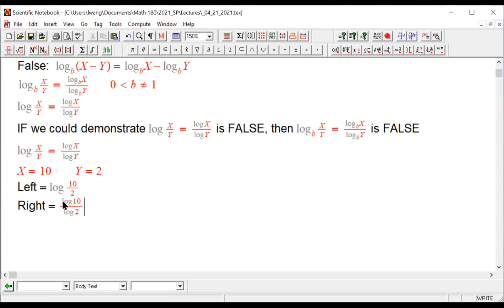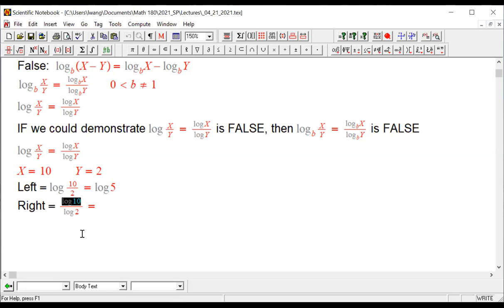On the right-hand side, you have to do the two logarithms first separately, and then apply the property. Of course here you're going to have log 5. But you still have to make the case. You need to use a calculator to show that this is not the same as that. Your example would work, provided you have a calculator.